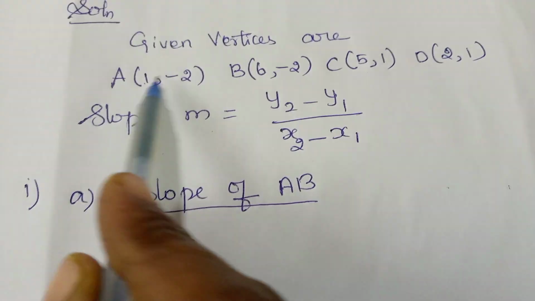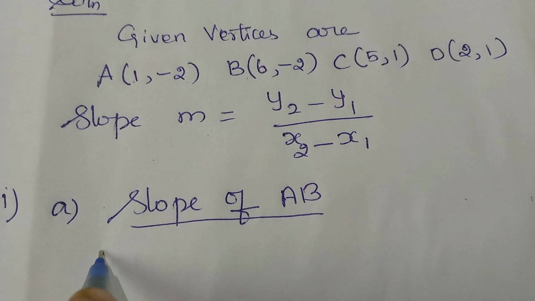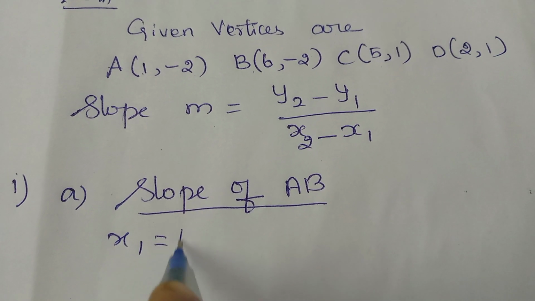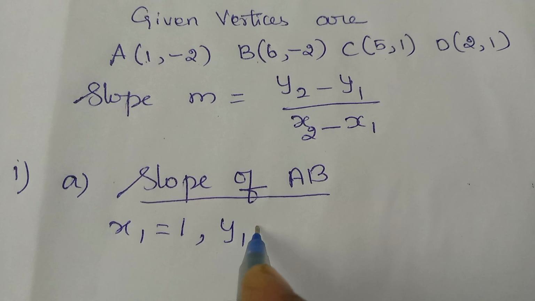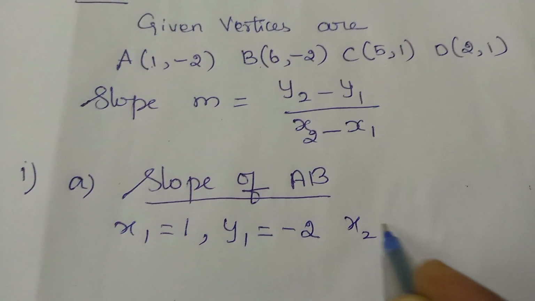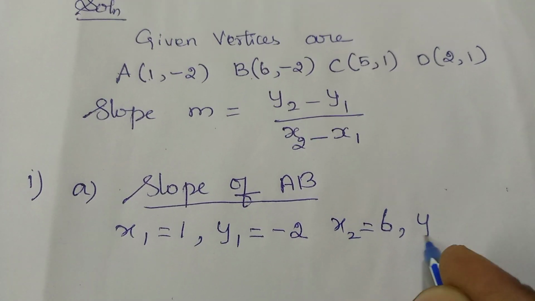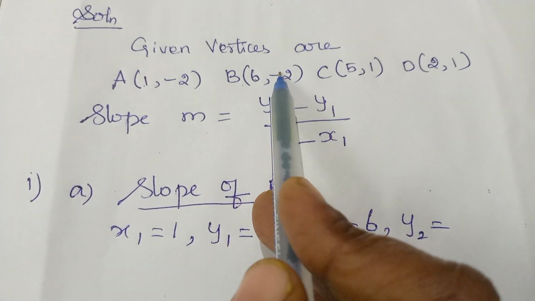Here A of 1 comma minus 2 and B of 6 comma minus 2. So x1 is equal to 1, y1 is equal to minus 2 and x2 is equal to 6, y2 is equal to minus 2.